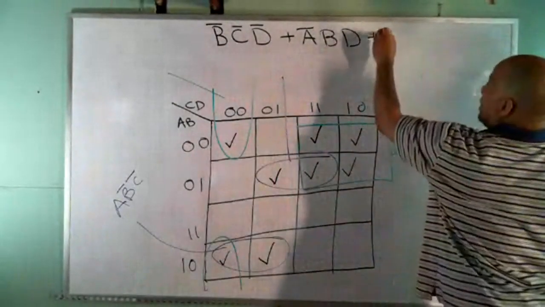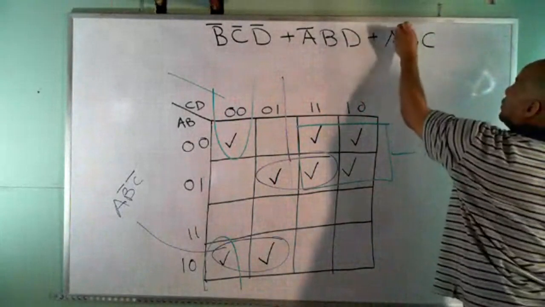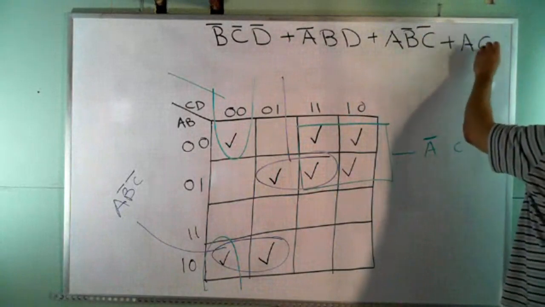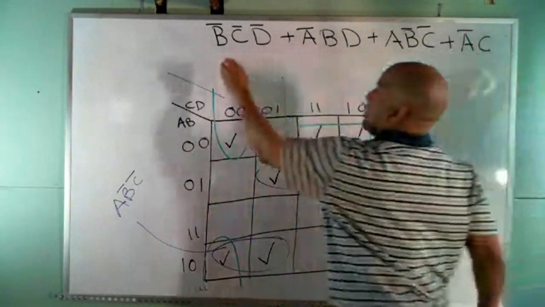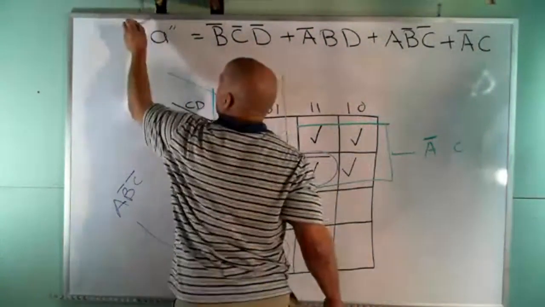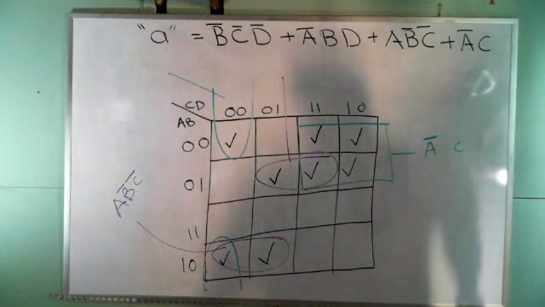I got A, B, C. These two are hard. Then I got an A, C. I think that's it. That was a lot of work.